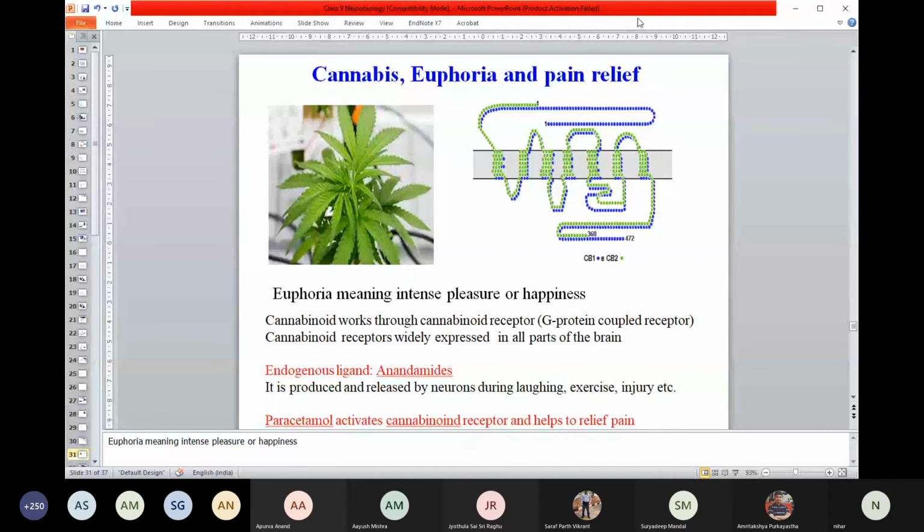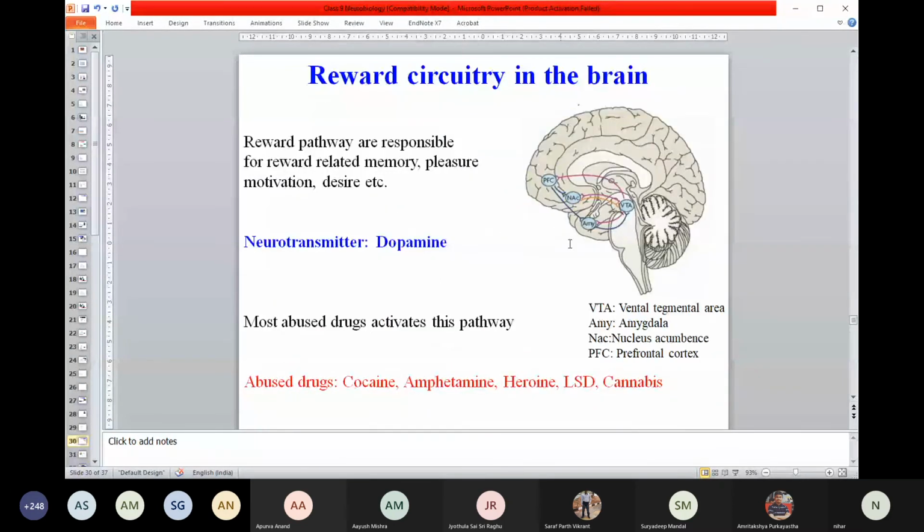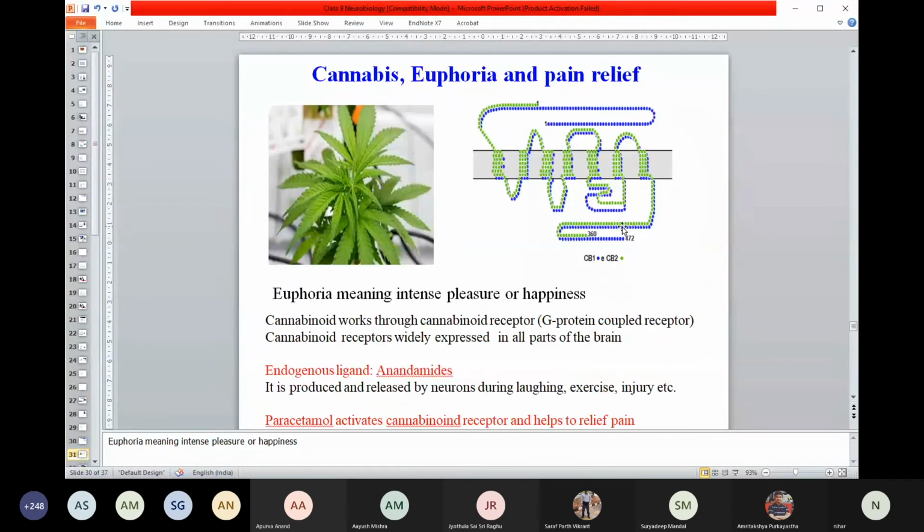So this is about cannabis, euphoria, and pain relief. I was continuing the study of your reward pathways. Cannabis also activates your reward pathways, and it does so by activating a specific receptor, again a G protein coupled receptor, the cannabinoid receptor, which is highly concentrated in different parts of this circuitry.